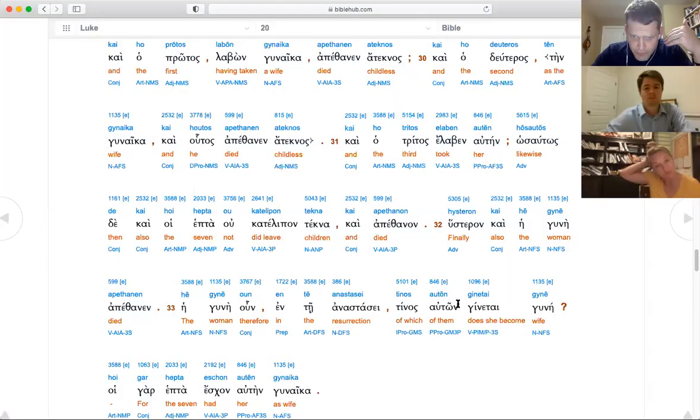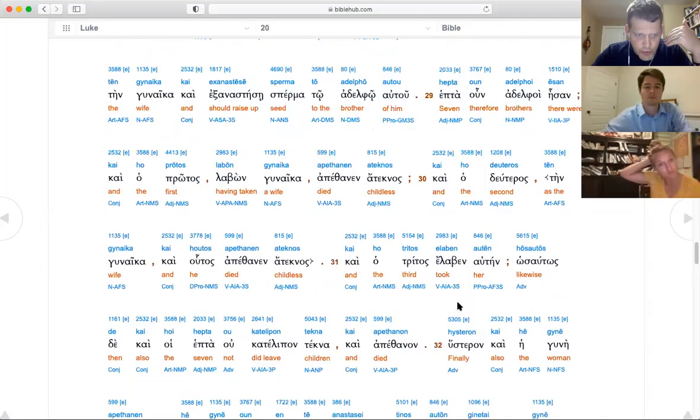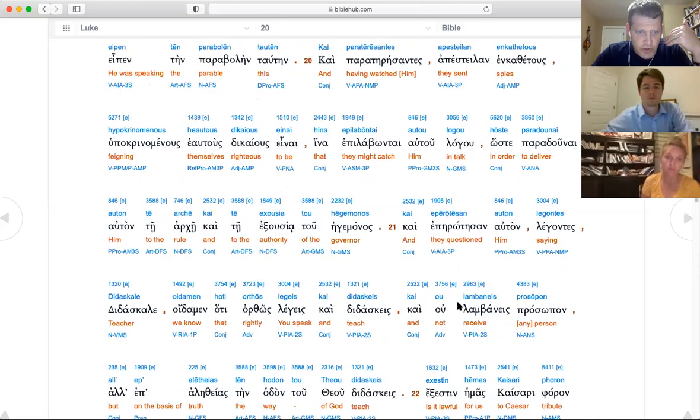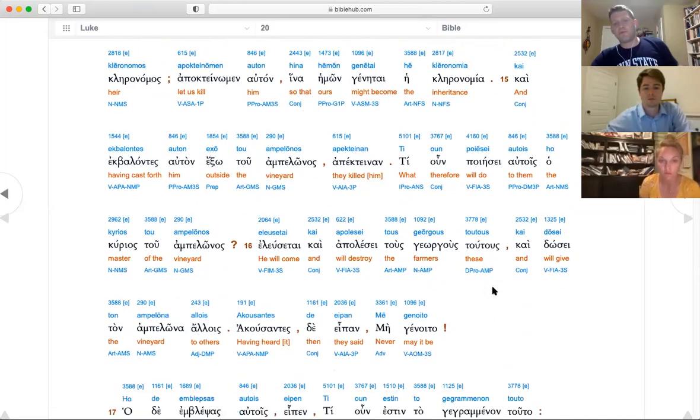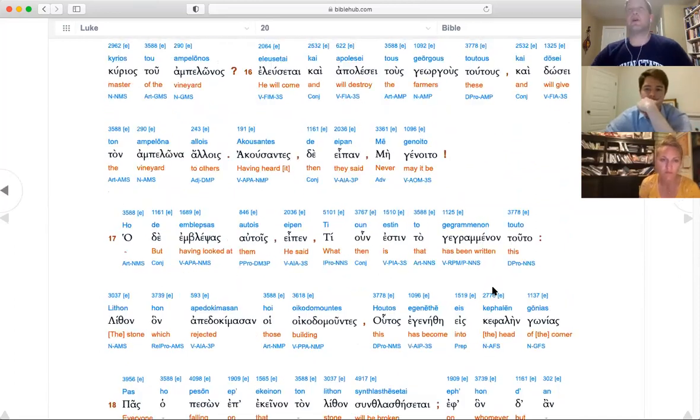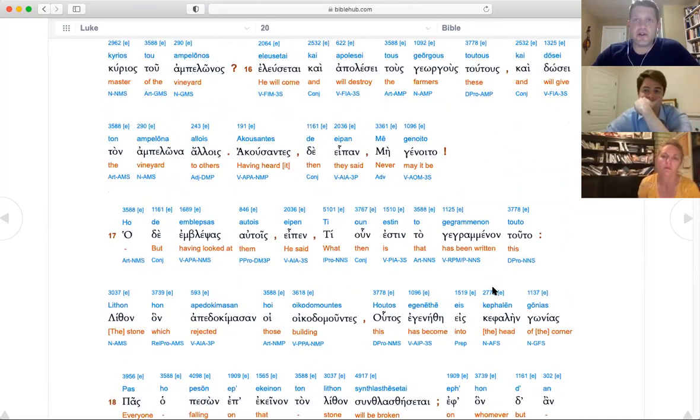All right, so in Luke 20, it's earlier. Okay, this is where Jesus tells the story of the workers who have taken over the vineyard. If you remember, the owner of the vineyard sends servant after servant after servant, and they beat the servants.